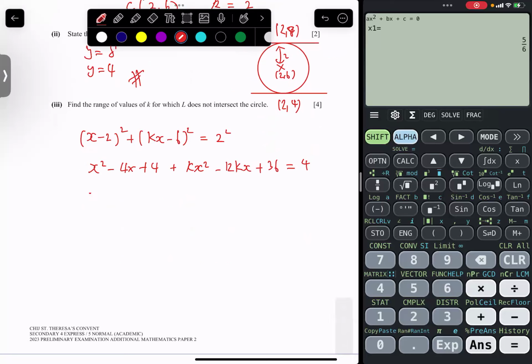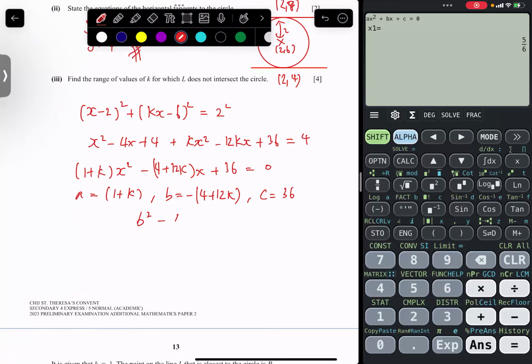Bring everything to one side: (1 plus k) x squared minus (4 plus 12k) x plus 36 equals 0. a equals 1 plus k, b equals negative (4 plus 12k), c equals 36.